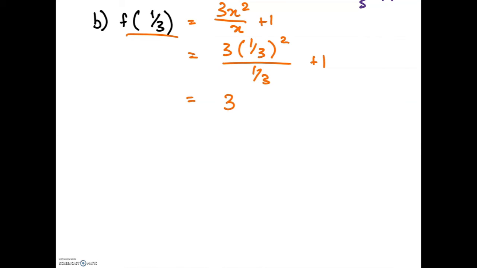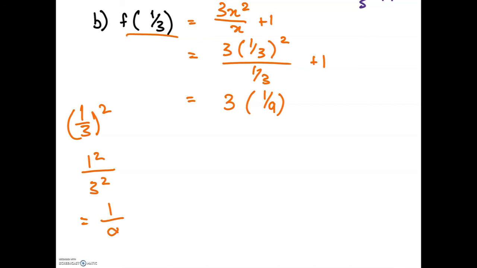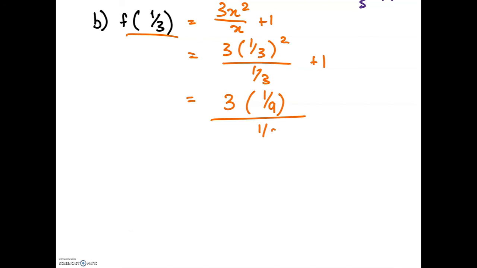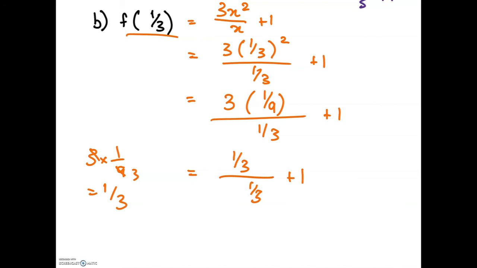We have 3 times, if you square 1/3, it's 1/9. 1/3 to the whole square is basically 1 squared over 3 squared. 1 squared is just 1, and 3 squared is equal to 9, hence we got 1 over 9. Then we divide everything by 1/3 and add 1. If you simplify the top, you'll get 1/3, because 3 times 1 over 9 is equal to 1/3. So 1/3 over 1/3 plus 1.